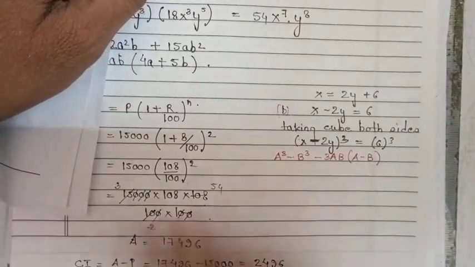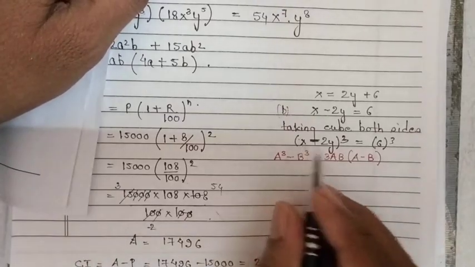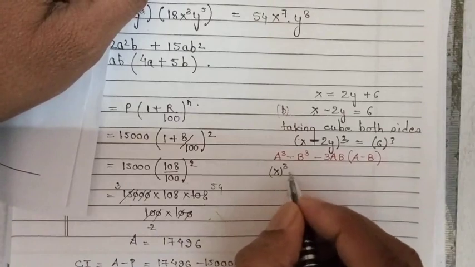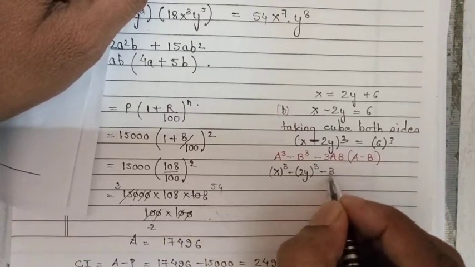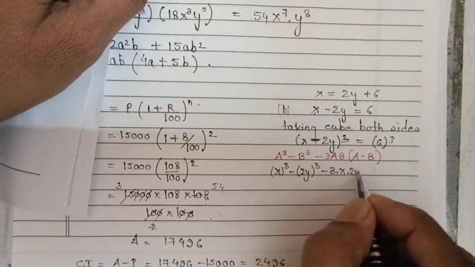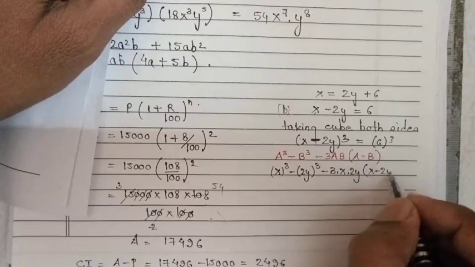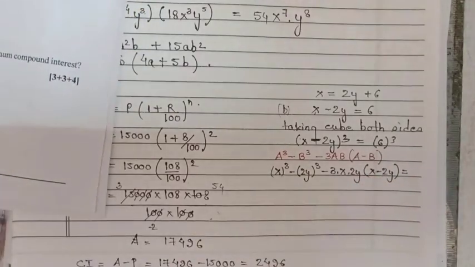This is the formula, so we are going to use this formula on the left side. Here a is x and b is 2y. So it's x minus 2y, and cube of 6 on the right side.